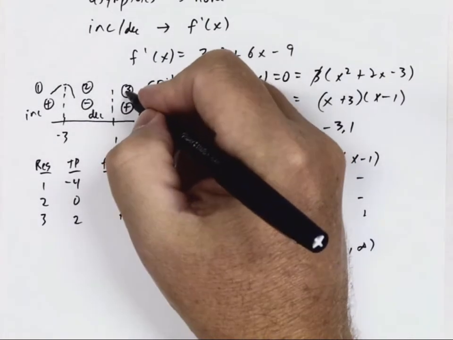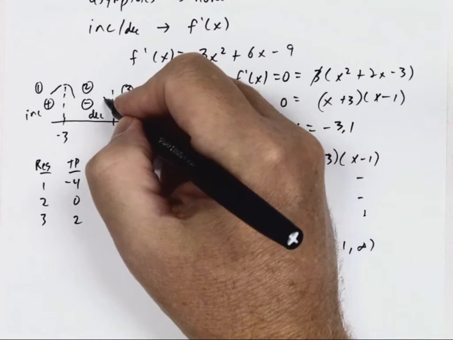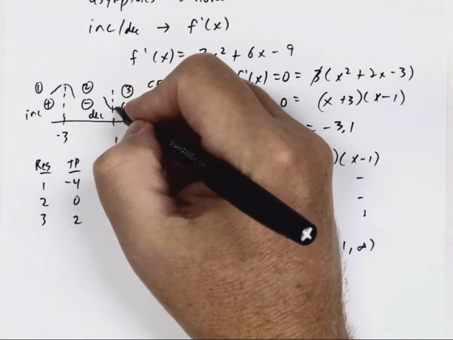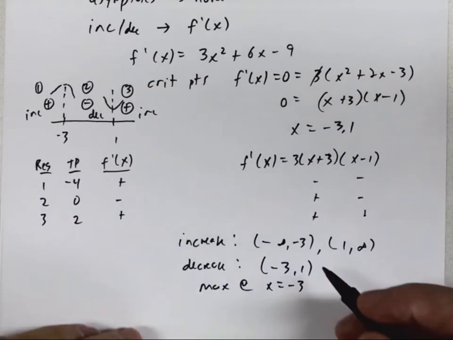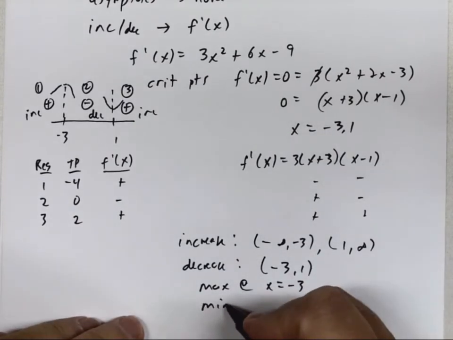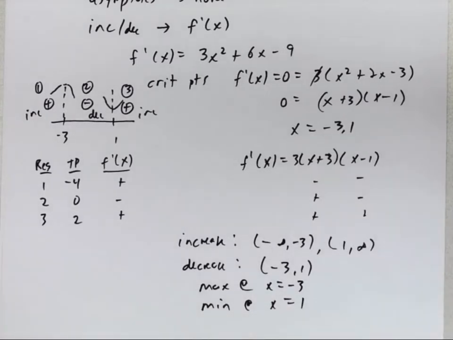If I go to the transition from the second to third region, once again my slope is down, but then as soon as I come through, it starts increasing. So it looks like I have a relative minimum at x equals 1.